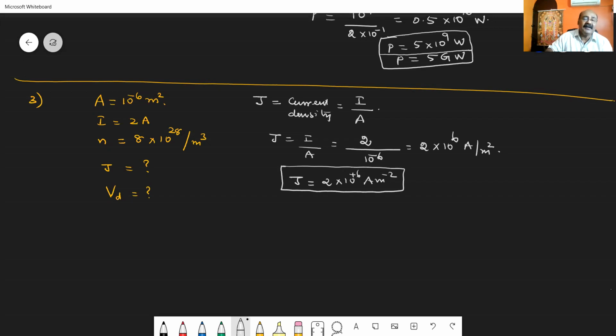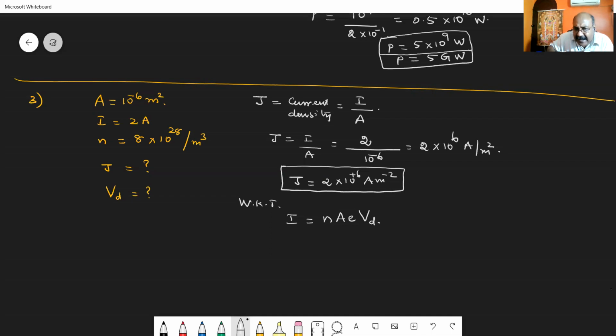Then we have to calculate drift velocity. We know the relation between current and drift velocity. Current I is equal to N into A into E into V suffix D. As you know, I is the current, N is the number of electrons per unit volume, A is the area, E is the charge of the electron, V suffix D is the drift velocity.